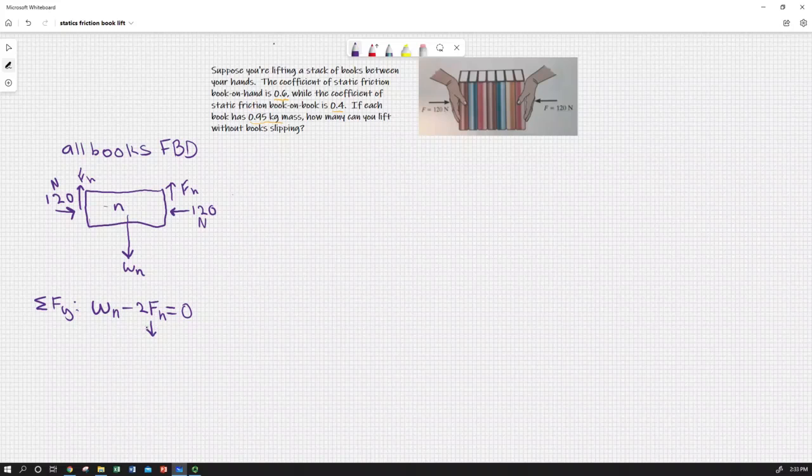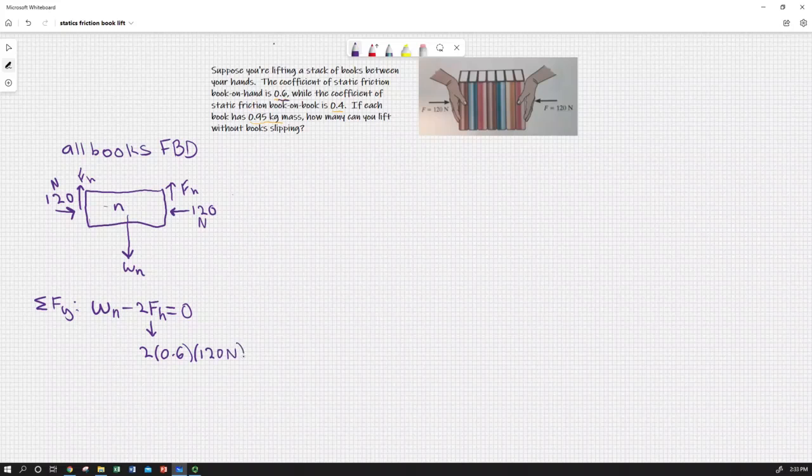I can say imminent slip. We're going to assume we're just about to slip that stack of books right past your hand. So that says instead of 2 F sub h, we have 2 times the book on hand frictional coefficient times the normal force, book to hand normal force.